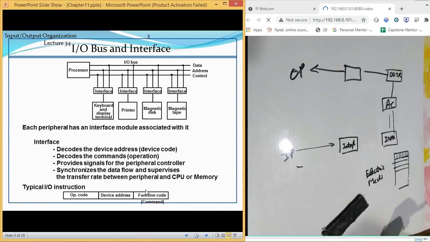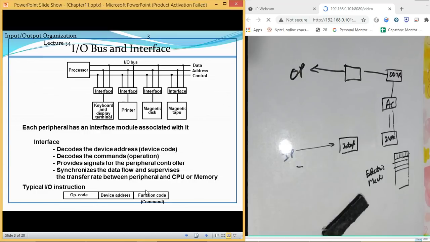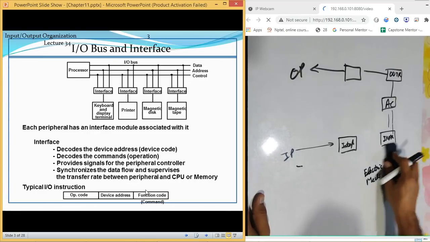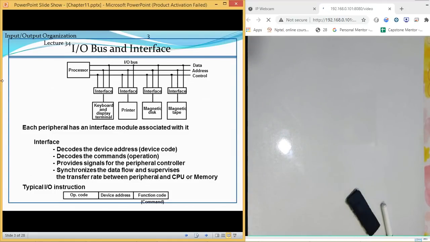Now, let us move to the next diagram. This is something which we are discussing, the input output bus and an interface. There are different types of interfaces which we have, but currently we are going to talk about the input output bus and the interface which is connected with all the input output devices. In this diagram, if you see it properly, we have a processor. This processor has an input output bus, which means the input output bus has three different buses in it. The first one is the data bus, which will transfer the data.